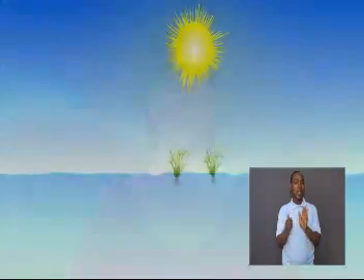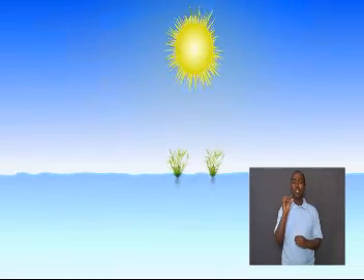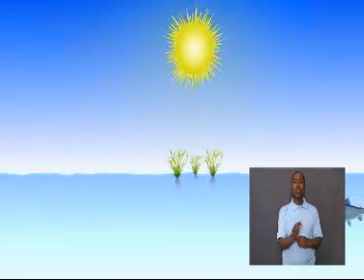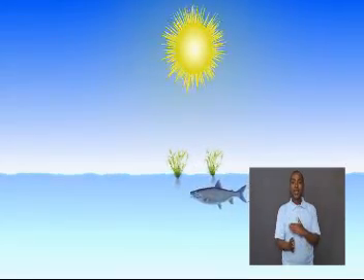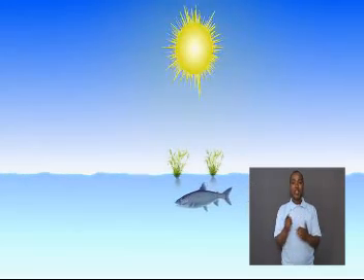Let us think of an example. Many small plants grow in the water, and they are producers. Fish eat these plants. This makes them primary consumers.